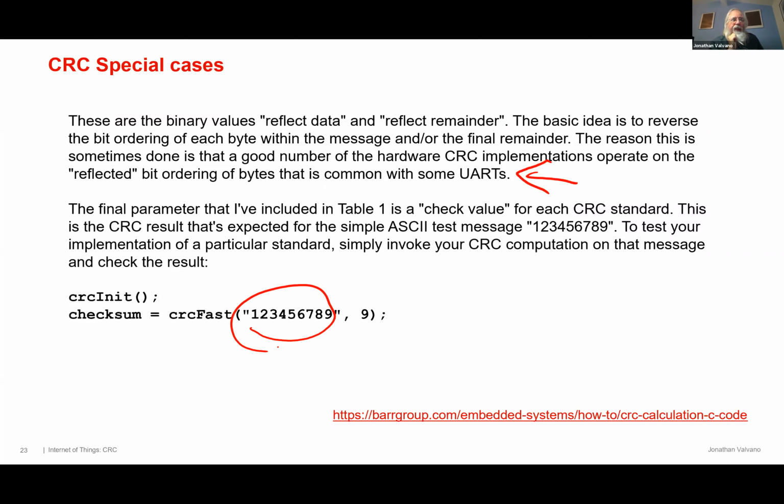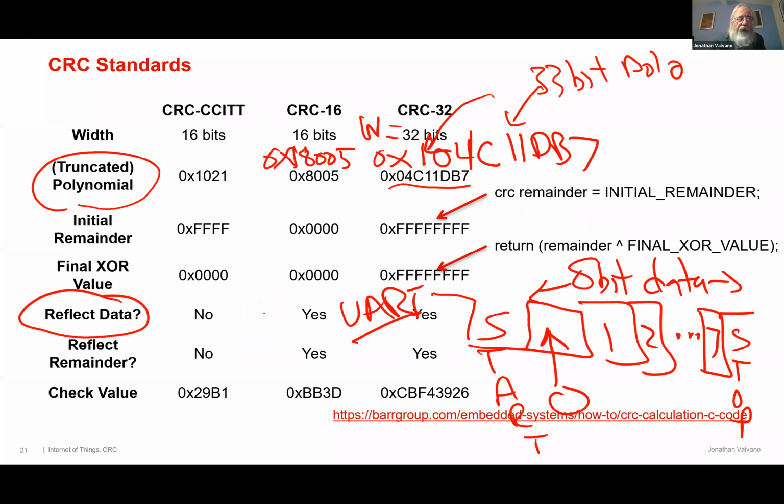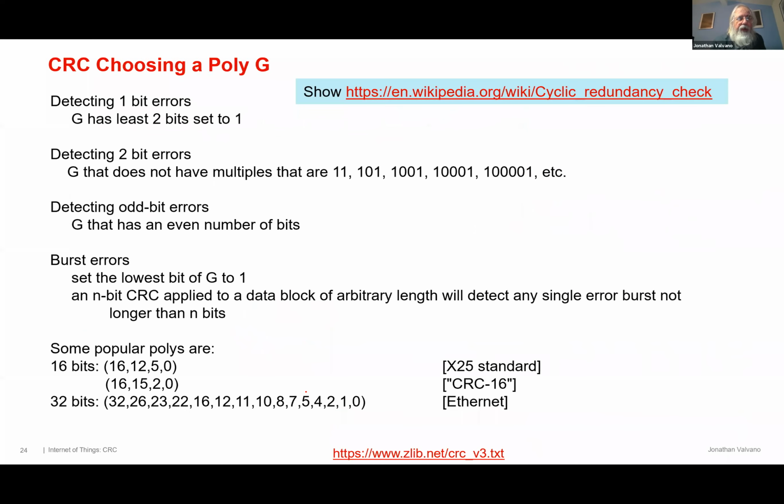So if you send in a 9-character ASCII message and run your algorithm, this checksum with a standard value should match the table down there. That was just a way for you to verify your stuff.